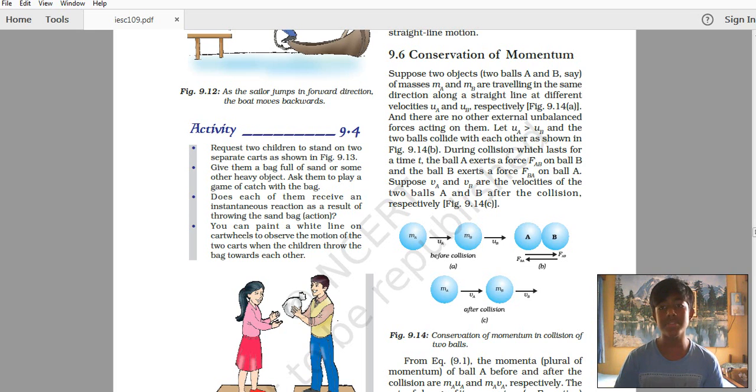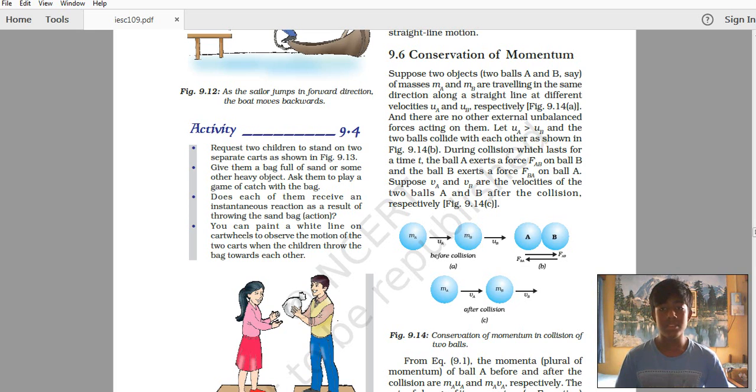Let UA be greater than UB. Sorry, I forgot to tell that u2 should be greater than u1, means we assume that. Let UA be greater than UB, and the two balls collide with each other as shown in the figure, during a collision which lasts for a time t.